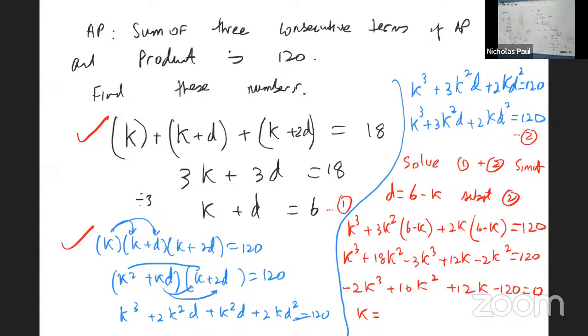It's a cubic this time. I get 3 answers, all fractions, all decimals. Put in A, B, C, and D.